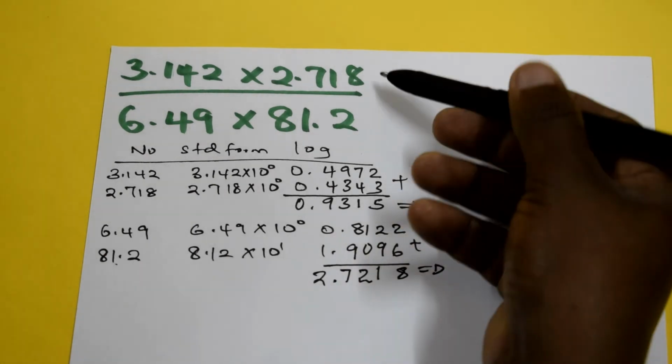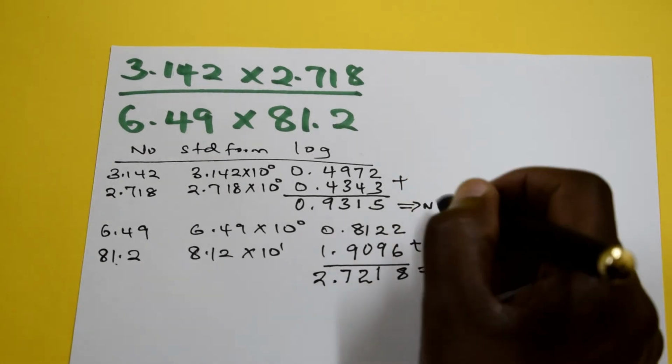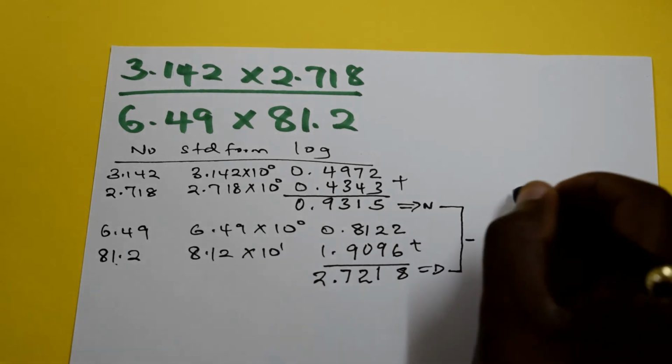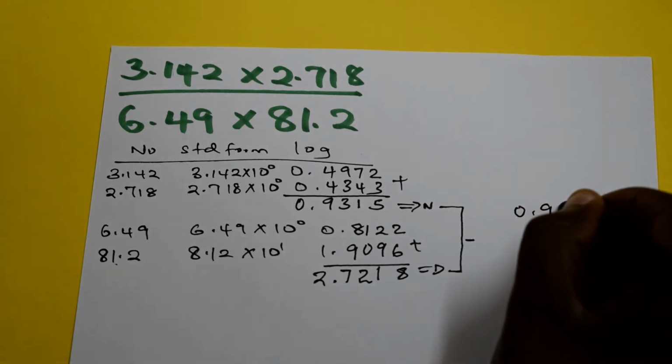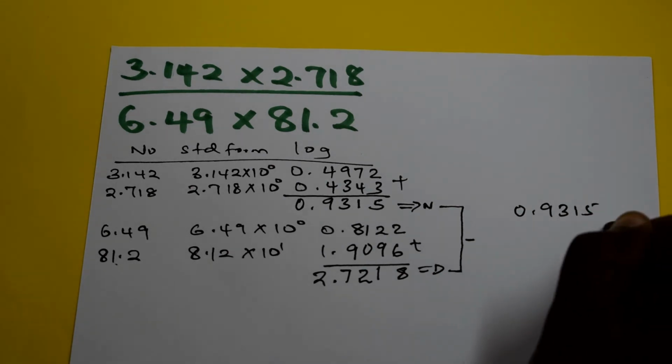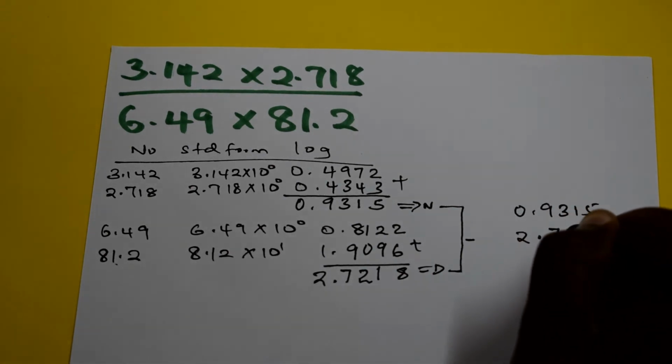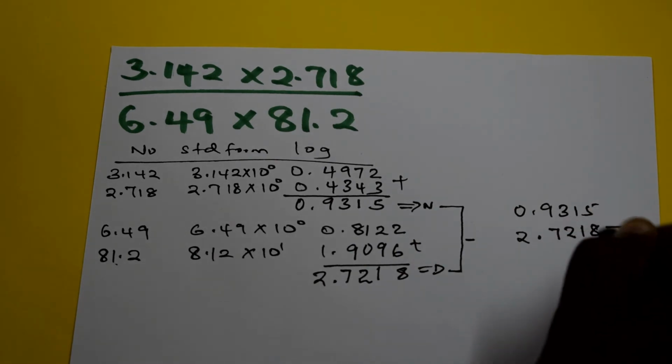Numerator divided by denominator, so we are going to subtract the logs. So we write this one as 0.9315 minus 2.7218.